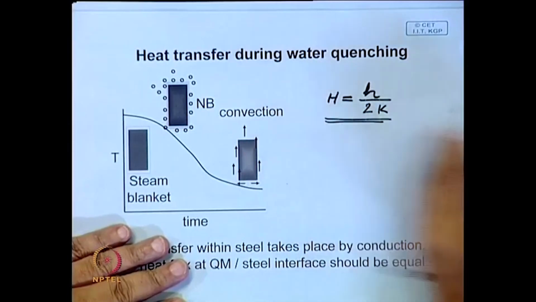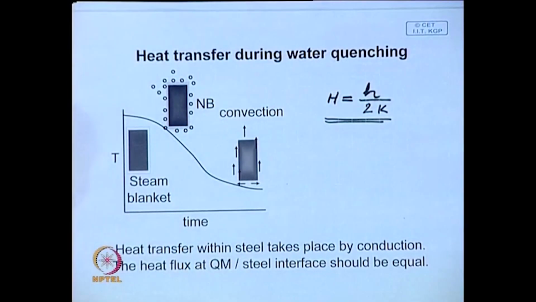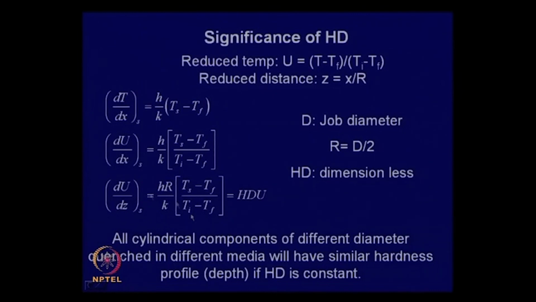Now, look at this here, if you go back here, if you divide this by 2, this becomes twice r here. So, H by twice k is the capital H severity of quench, and times the diameter, 2r is the diameter. So, this entire expression reduces to the quenching severity times the diameter of the cylinder.